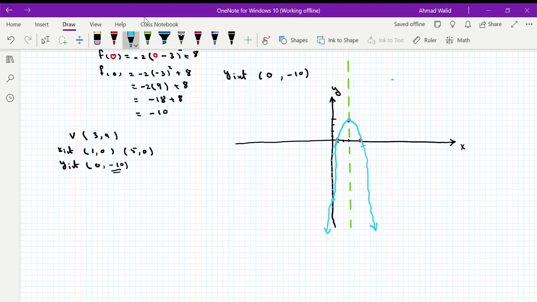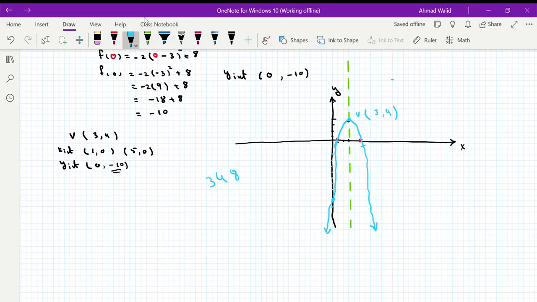That is your graph and that's your vertex, which is (3, 4). You have a nice graph on page 348 for this example, correct? Page 348, because my graph with this electric pen is so difficult to draw. This is how you graph a quadratic function.